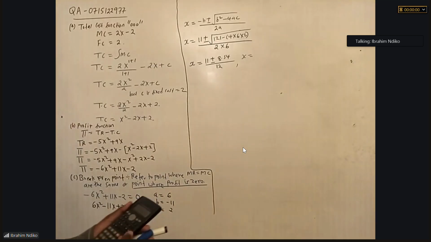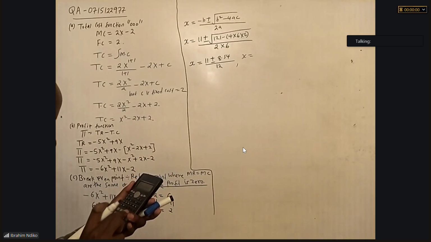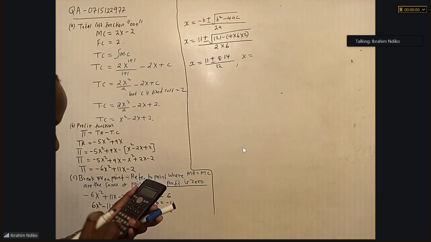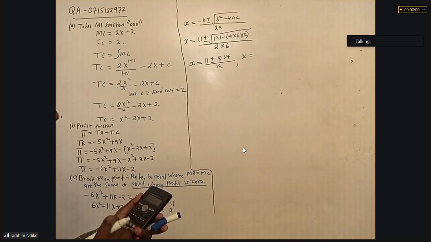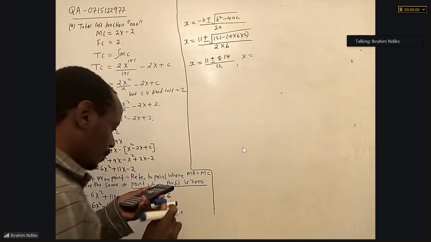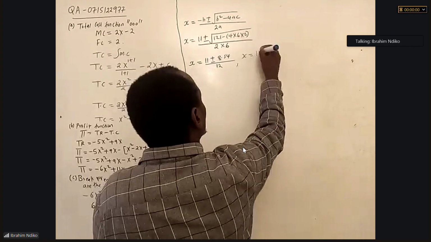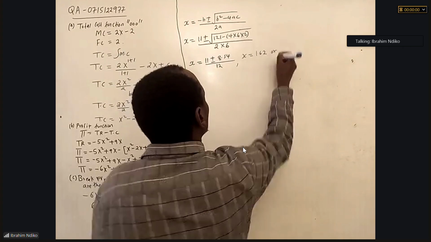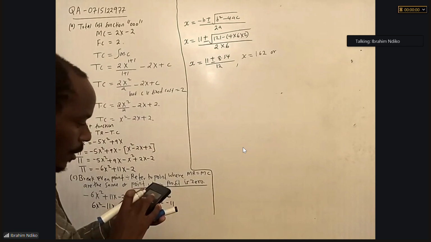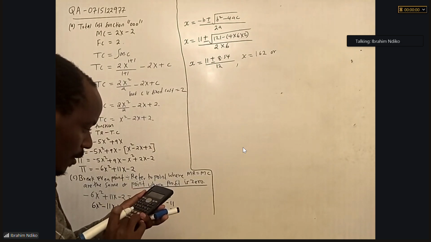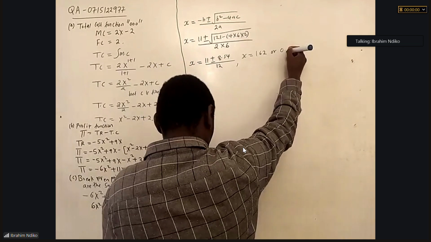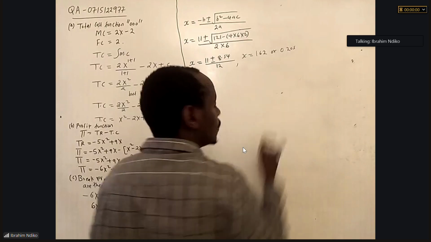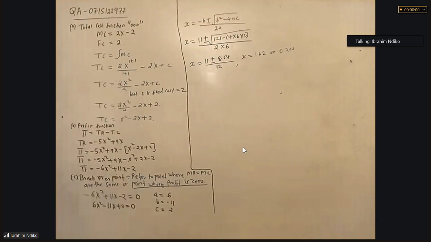The first one is 11 plus 8.54 divided by 12. That is the first one. These are 1.62, or 11 minus 8.54 gives 0.205.